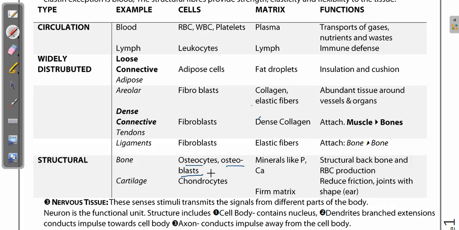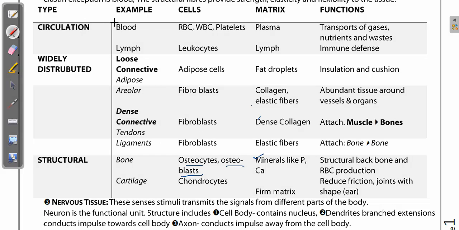Blast always refers to the one which forms the cells. And here the matrix is interesting. You can see the minerals like phosphate and calcium. So they are the structural backbones, and they have the RBC production points in the bone marrow.